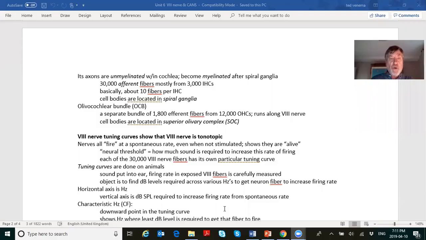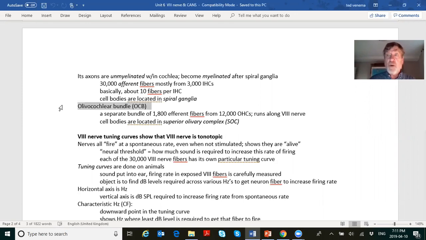Okay. So now, the superior olivocochlear bundles, the superior olives also are involved in this particular nerve. They send info to the outer hair cells, and their cell bodies are located at the superior olivary complexes. And those nerves go to the outer hair cells.